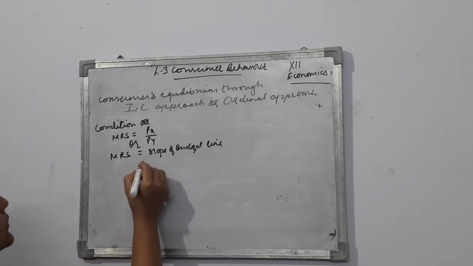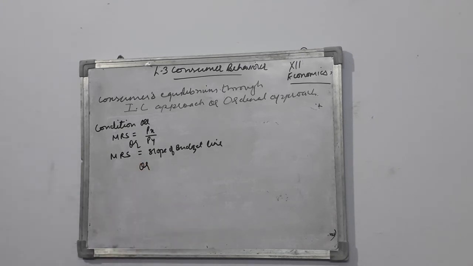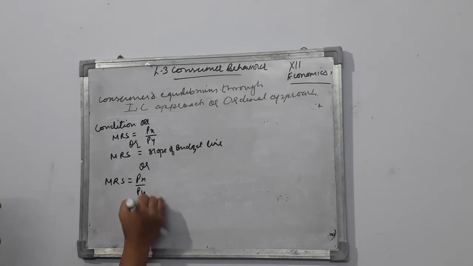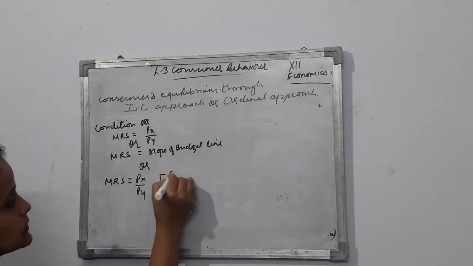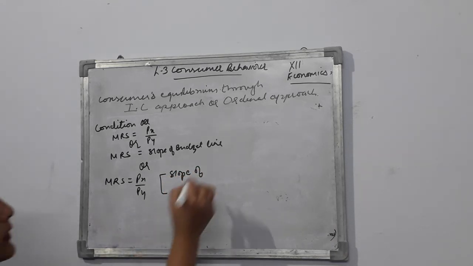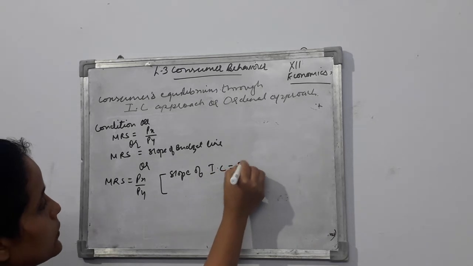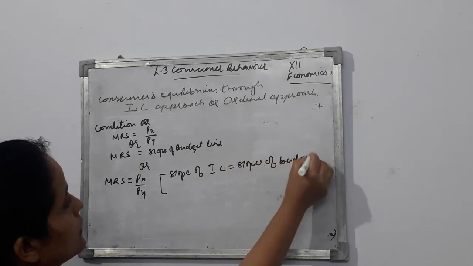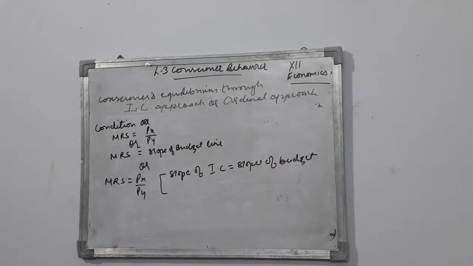Or in other case, if you want to say, we can use one more word: MRS is equals to Px upon Py, is the slope of indifference curve, should be equal to slope of budget line.